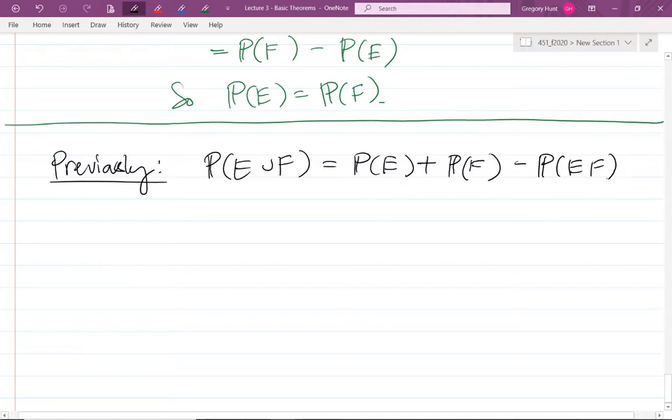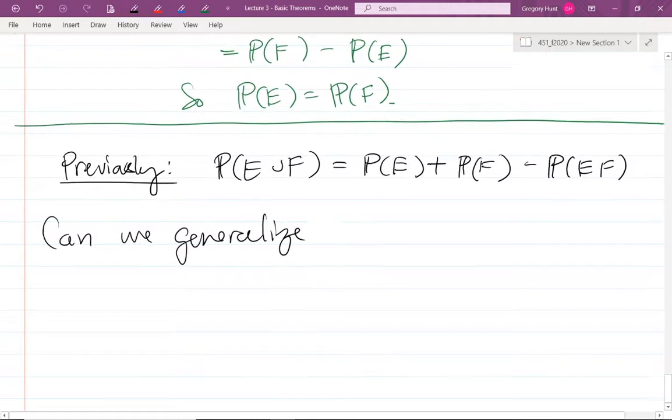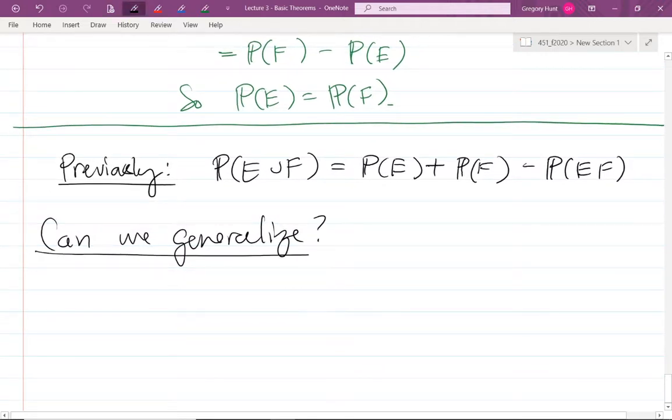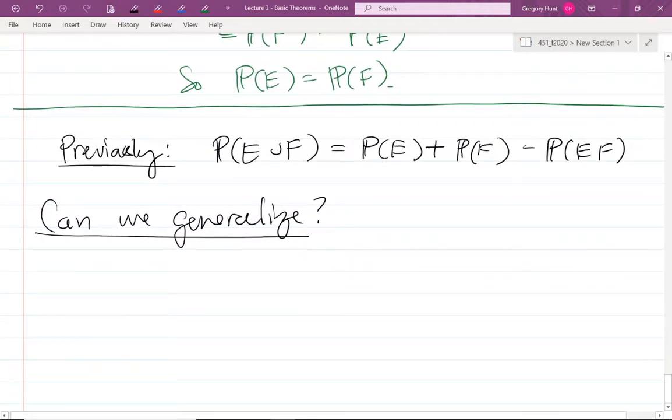Okay. The question is, can we generalize this theorem? And we can.